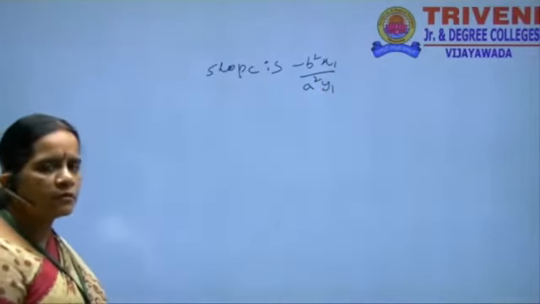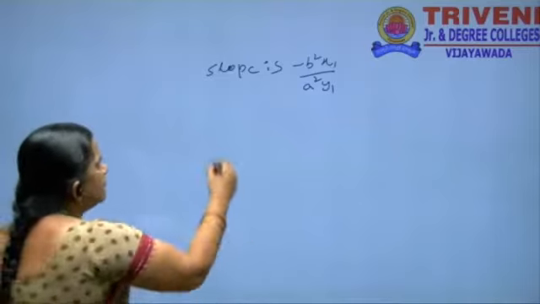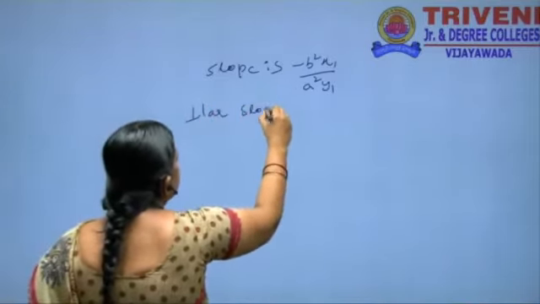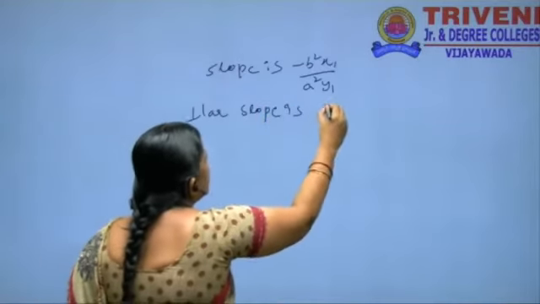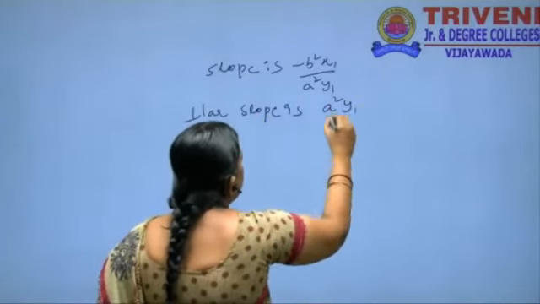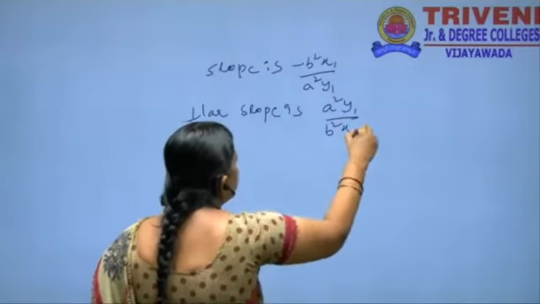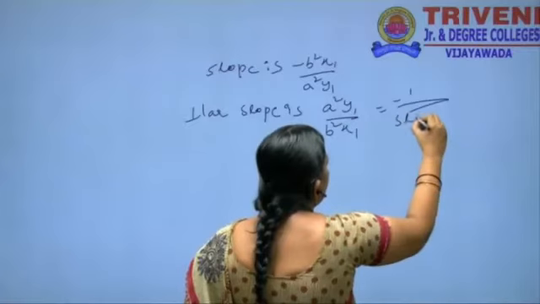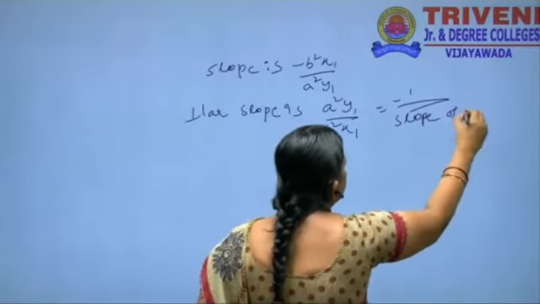We have to know the perpendicular slope, which is a square y1 by b square x1. This is the perpendicular slope, that is, minus 1 by the slope of the tangent.